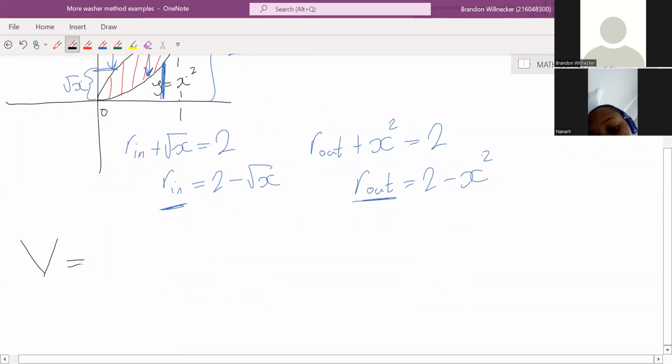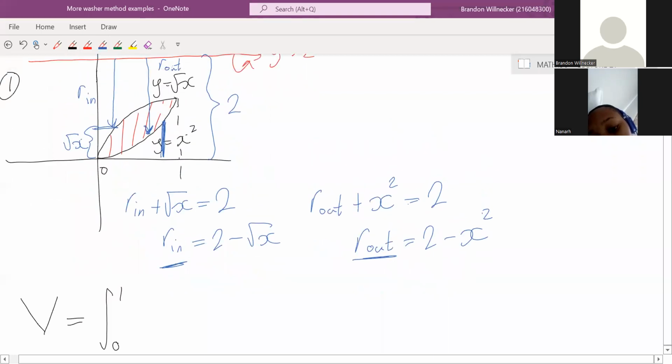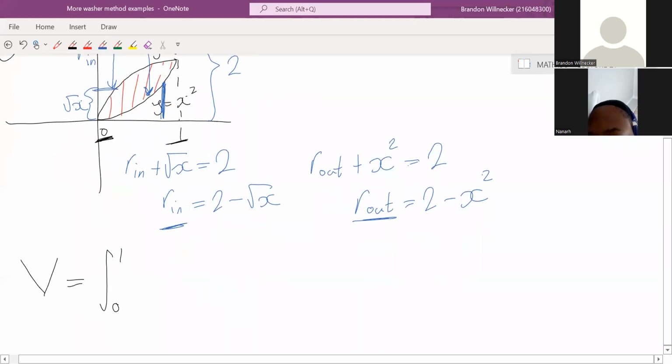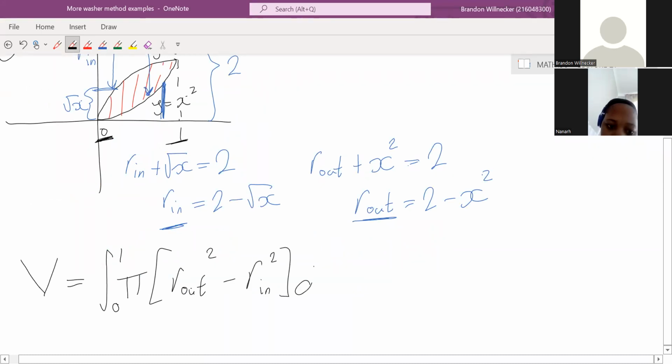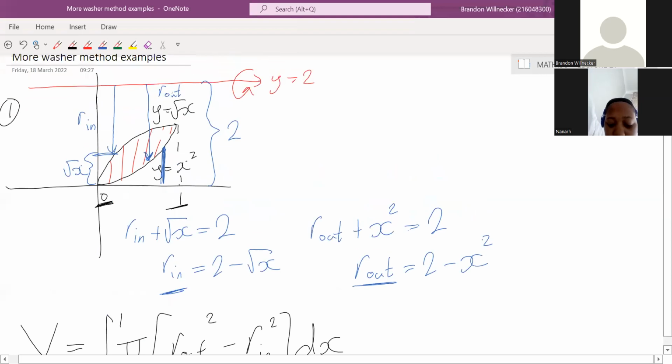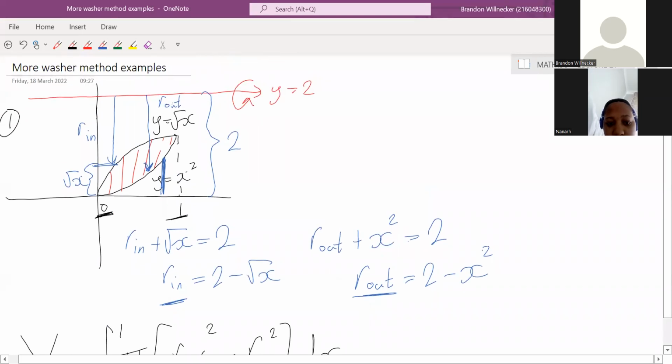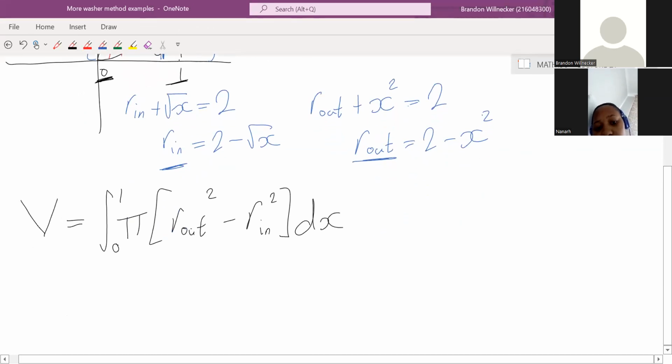So the volume is going to be equal to the integral from 0 to 1, because we're stacking from 0 to 1. Then it's going to be pi times r out squared minus r in squared dx. Remember, we are stacking horizontally, so the integral is in terms of x.